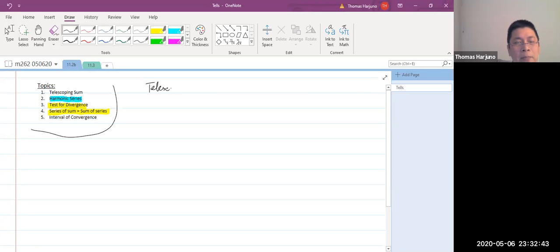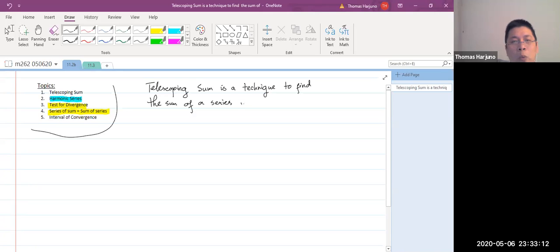A telescoping sum is a technique to find the sum of a series where the middle terms cancel.